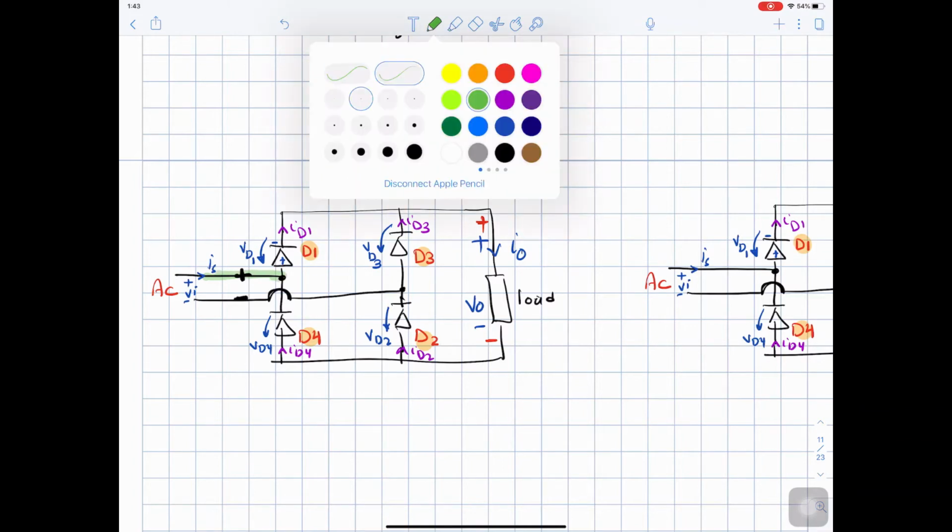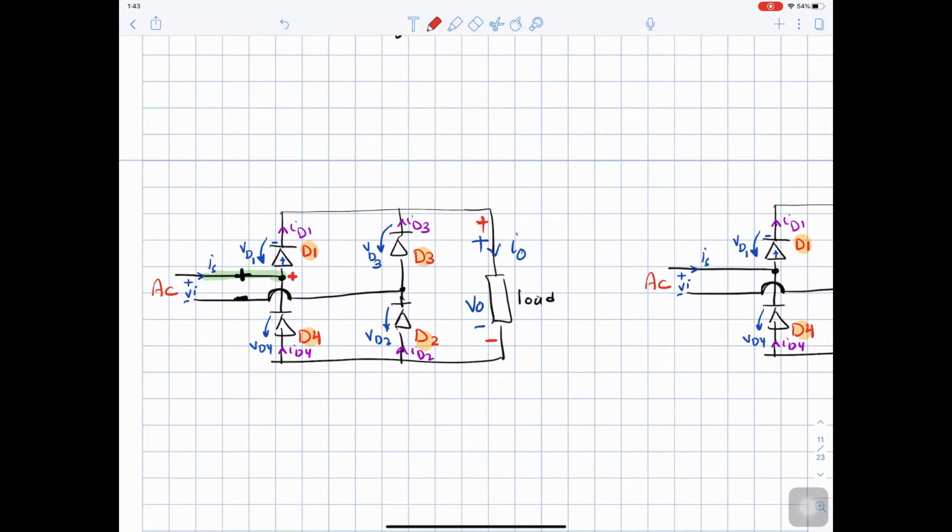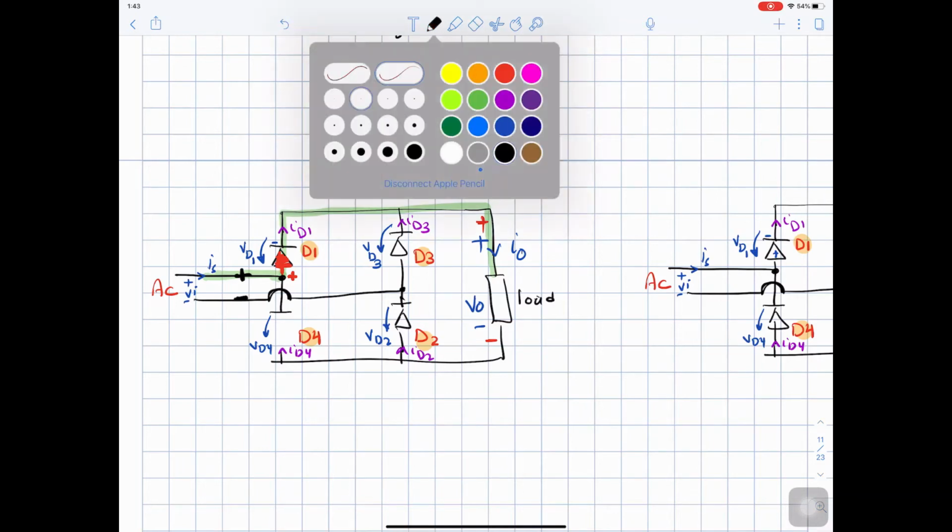If this point here is positive, it will make this diode forward, okay, and this diode reverse, which means this one will turn on, keeping the positive up, and this diode here can be removed because it will be open circuit.